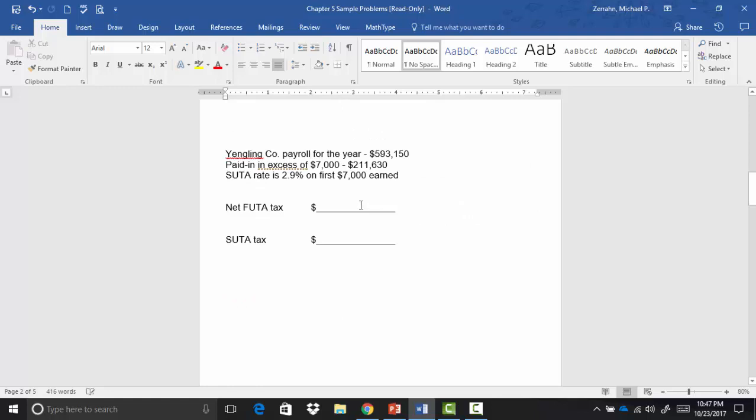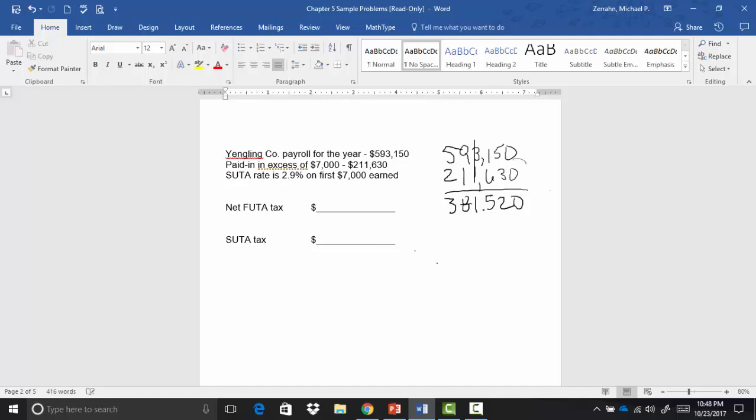Yingling Company's payroll for the year is 593,150. Paid in excess of 7,000 is 211,630. That gives me a difference of 381,520.